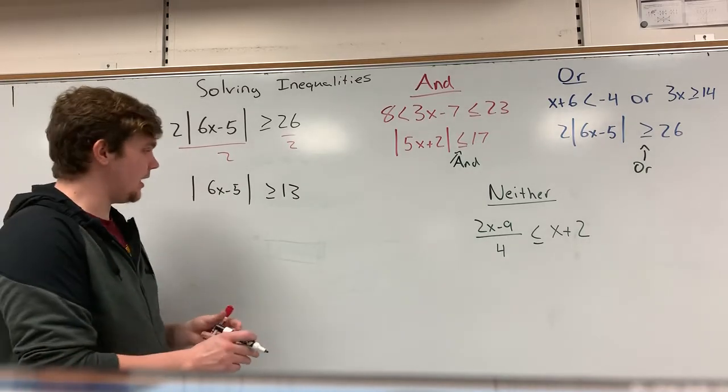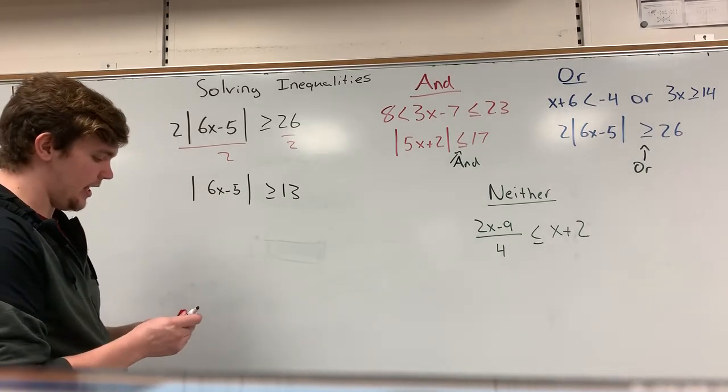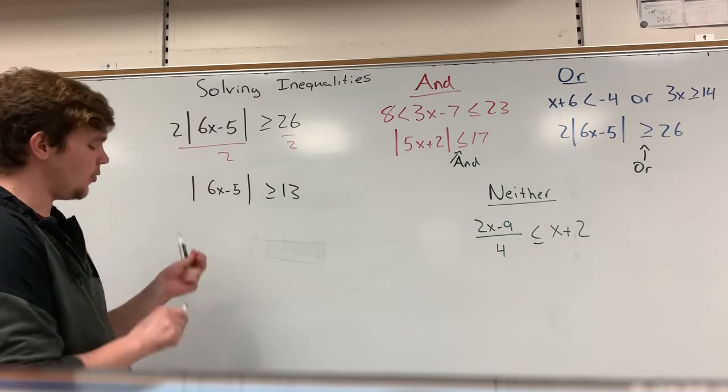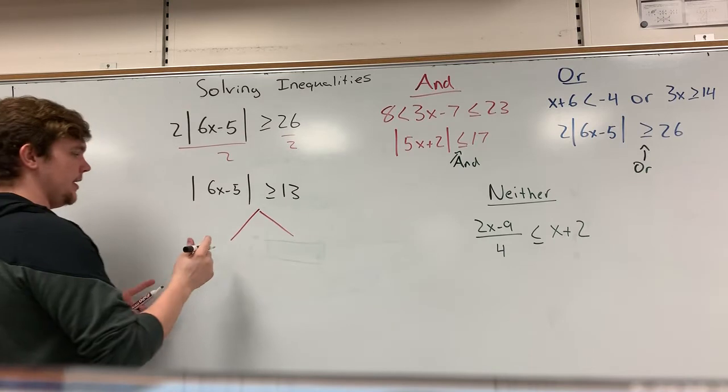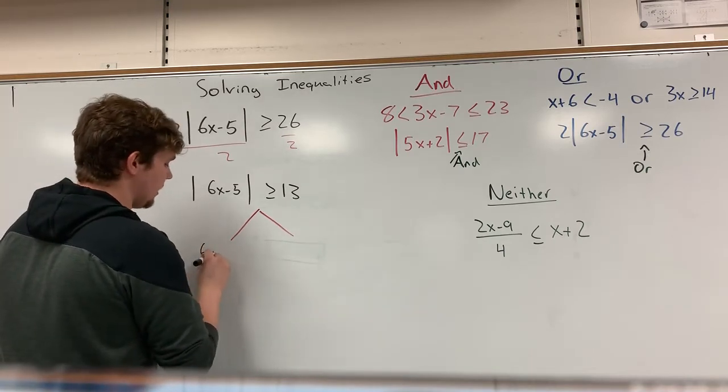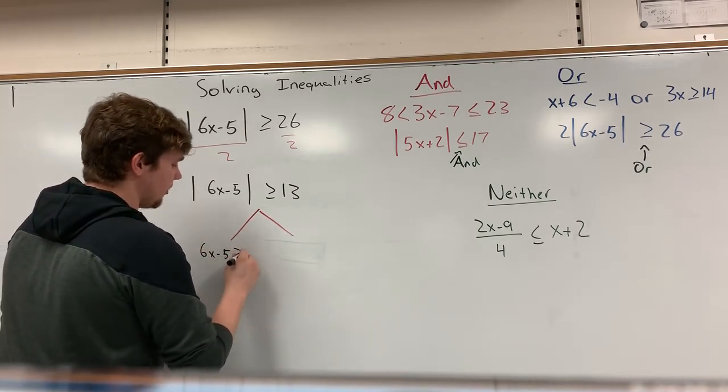So let's split this into 2 different inequalities. One of them is going to be 6x minus 5 greater than or equal to 13.